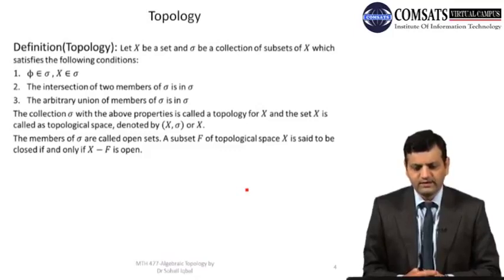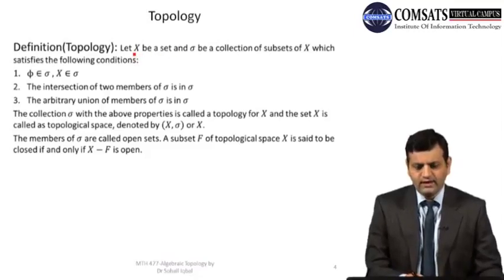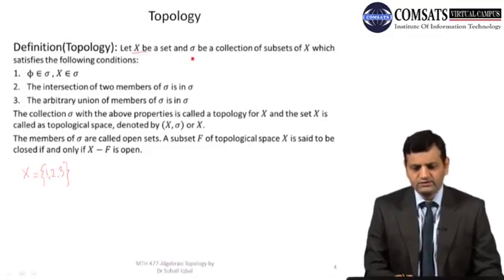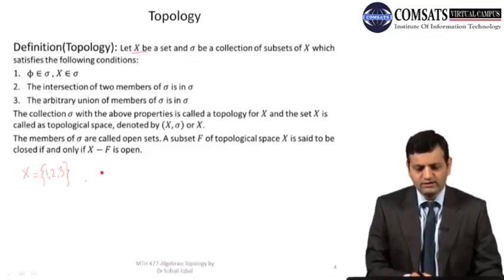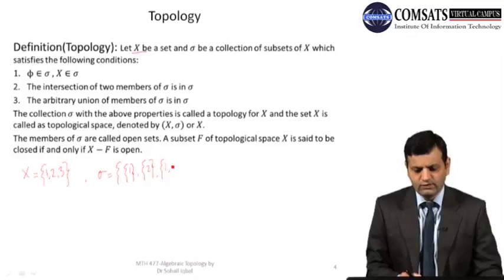X is a set and sigma is a collection of subsets of X which satisfies the following conditions. X is any set. For example, I can take X to be {1, 2, 3}, and sigma a collection of subsets of X. I can take sigma to be {1}, {2}, {1, 2}, {1, 2, 3}, and so on.